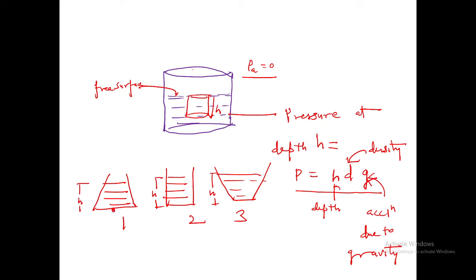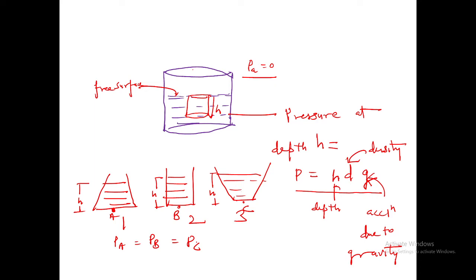So in all cases the pressure at the bottom, suppose this is point A, this is point B and this is point C, since height is the same, pressure at A is equal to PB is equal to PC. So pressure at all points A, B, C are equal in all three vessels because the height of the liquid in the vessel is the same. From the relation P equals hdg, we find that pressure at a given point in the liquid is uniquely defined.